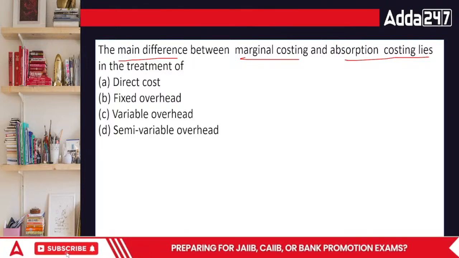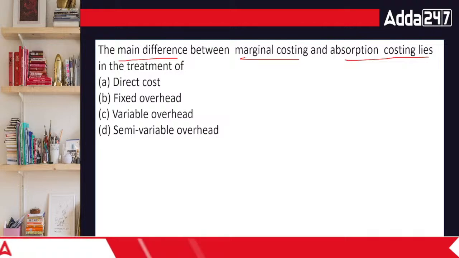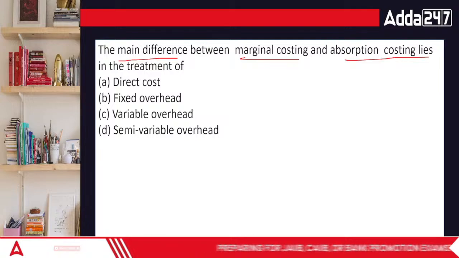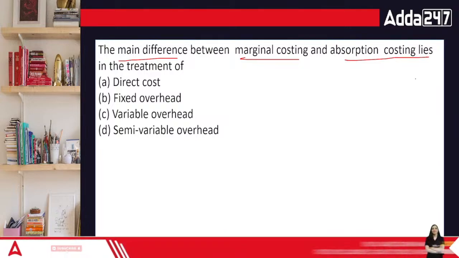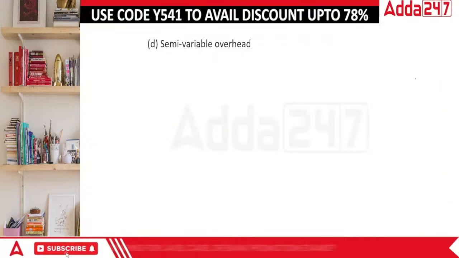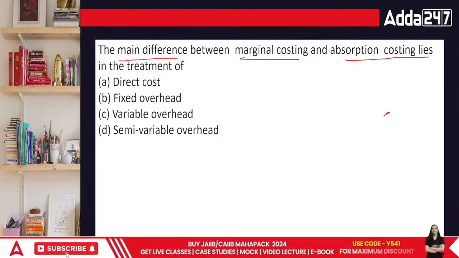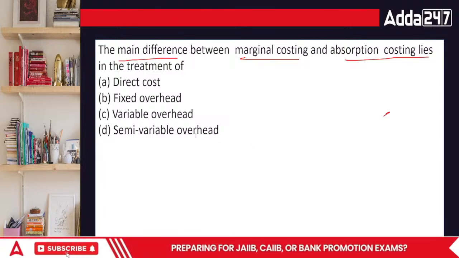The correct answer is variable overheads. No, it's not semi-variable. The main difference lies in variable. Let me change the answer. The main thing that actually affects is marginal cost's other name is variable overhead.